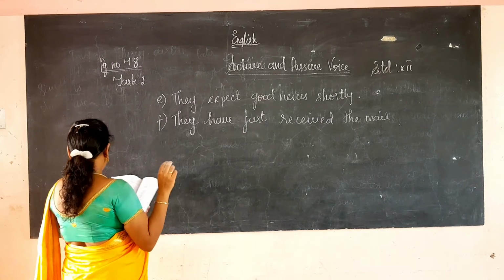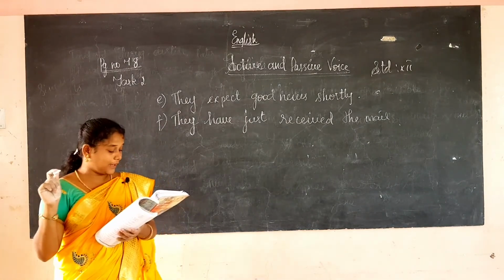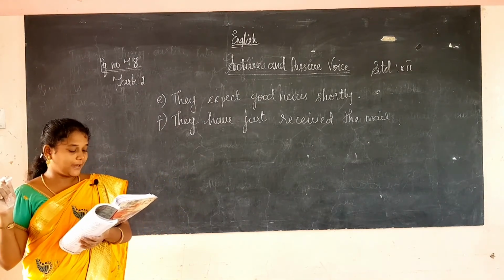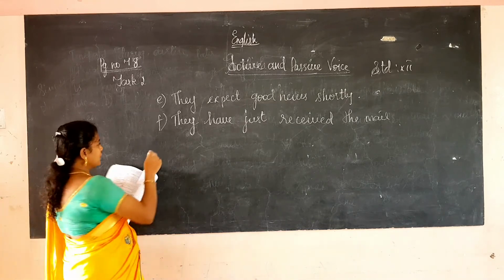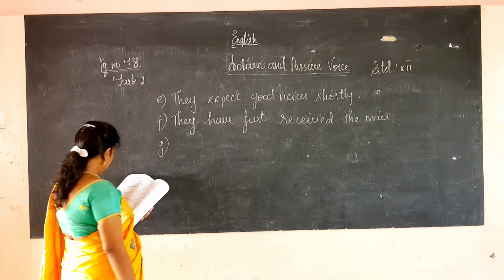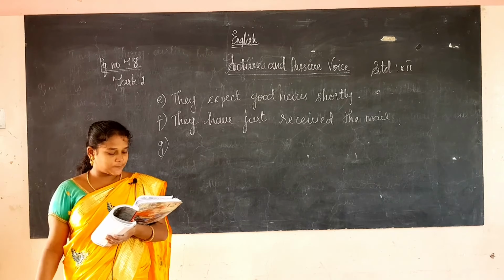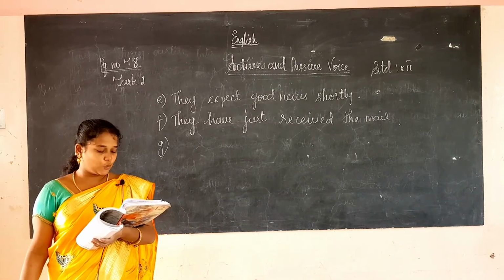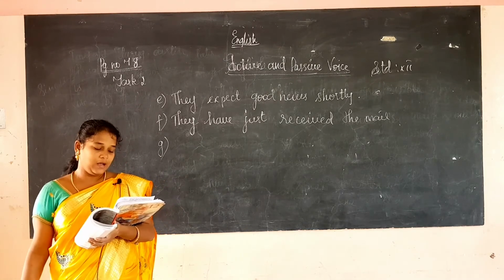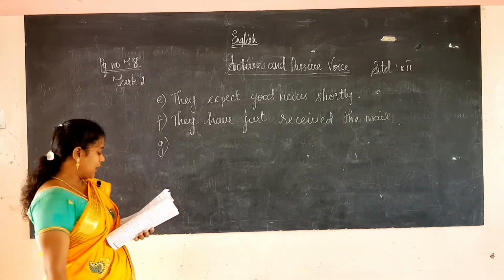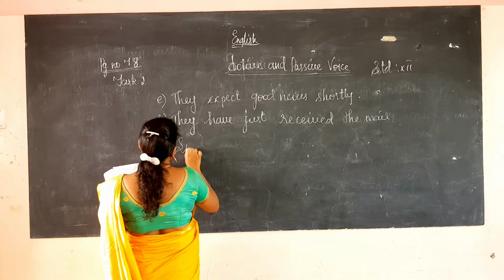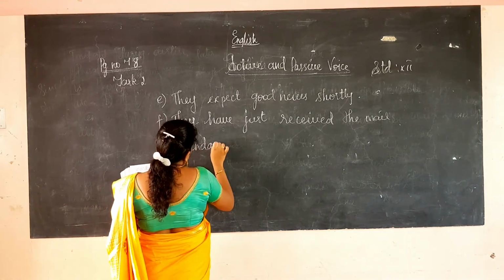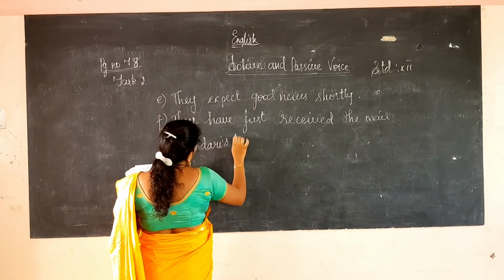Sundari has been taken to the hospital by her husband. How will we change it? So who is the doer there? The doer there is the husband, Sundari's husband. So her husband we will change into Sundari's husband.